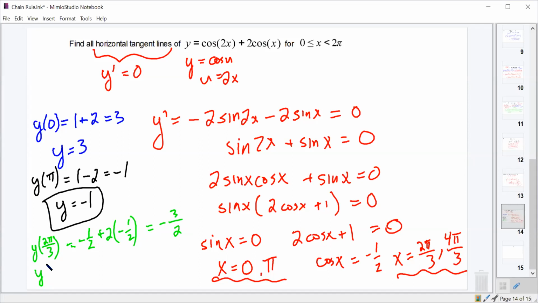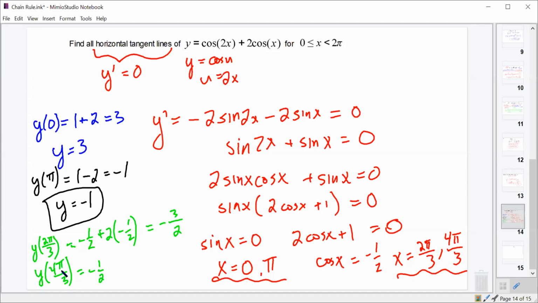And what about y of 4 pi over 3? Cosine of 2 times 4 pi over 3 is the cosine of 8 pi over 3. And what's the cosine of 8 pi over 3? Still negative 1/2, because 8 pi over 3, if we subtract 2 pi from that, gives us 2 pi over 3.